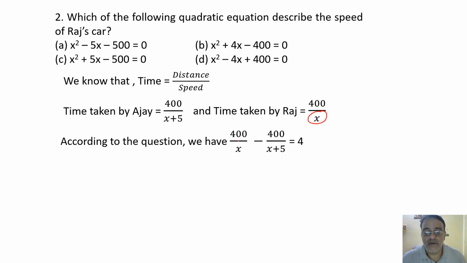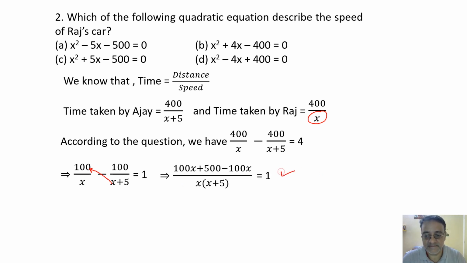Okay. So if you divide all terms by 4, we are going to get 100 upon x minus 100 upon x plus 5 is equal to 1. Now take LCM. So 100x plus 500 minus 100x upon x into x plus 5.